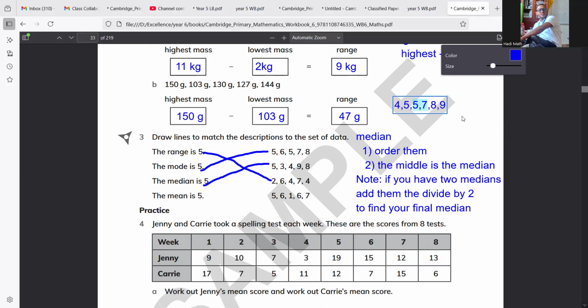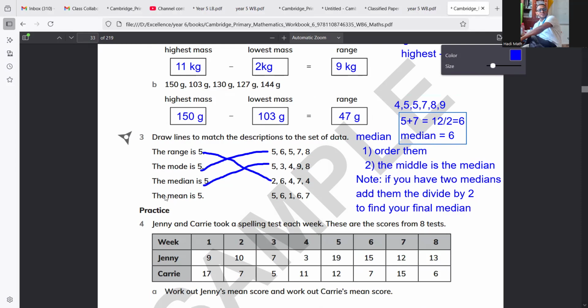To find the median, you add them together. 5 plus 7 equals 12. Then you divide 12 by 2, which is equal to 6. So the median equals 6, because you have 2 medians.